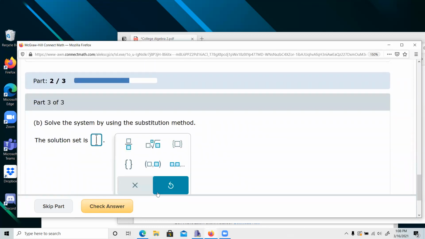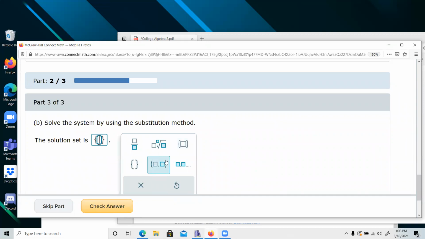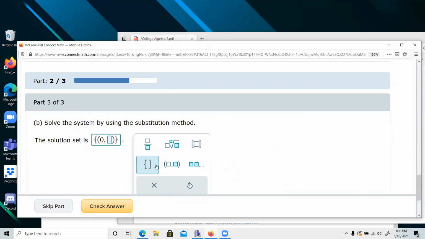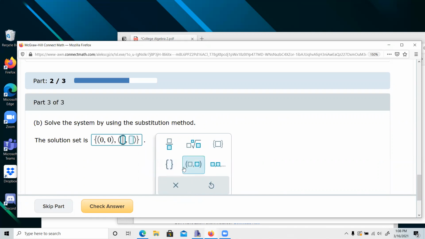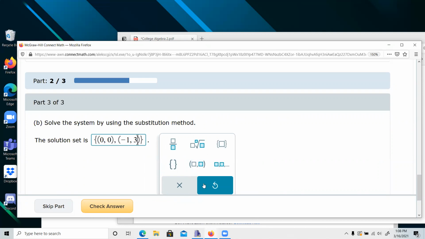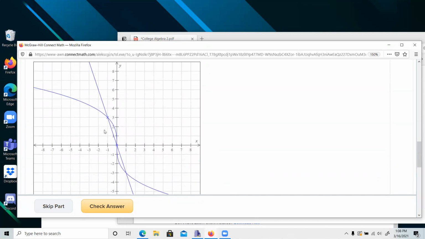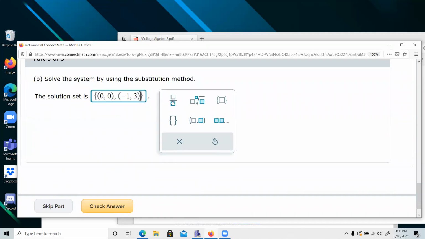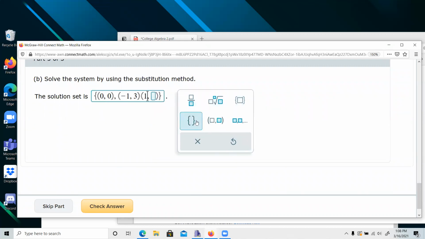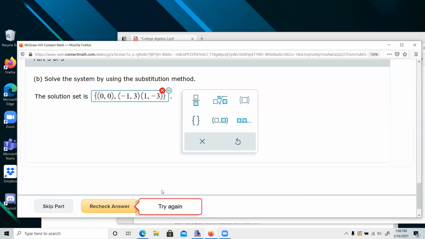Solve the system by substitution. So we have the 0, 0 point here. We have another one, which was negative 1 and positive 3, right? Look at our graph here. And then we have 1, and now we have negative 3. Right. Check our answer. Oh, it did not like this.